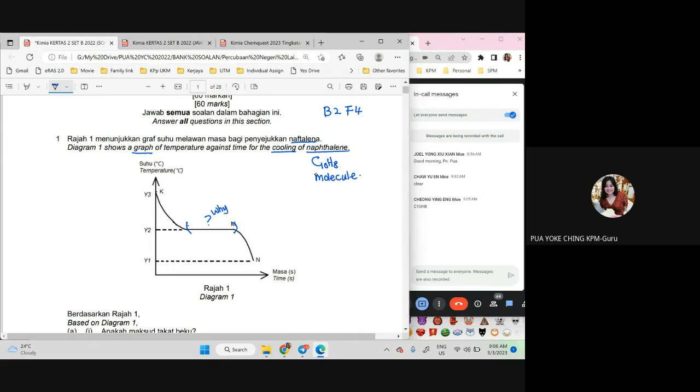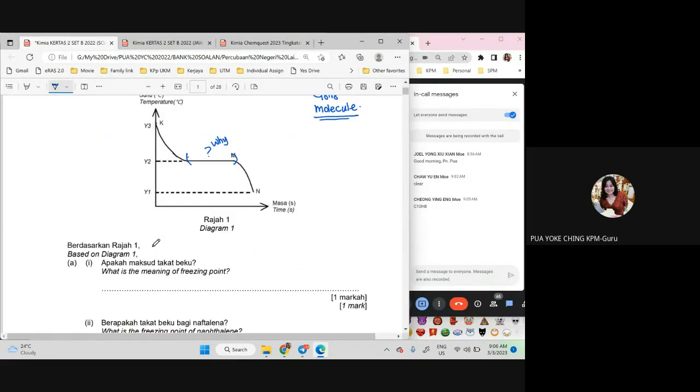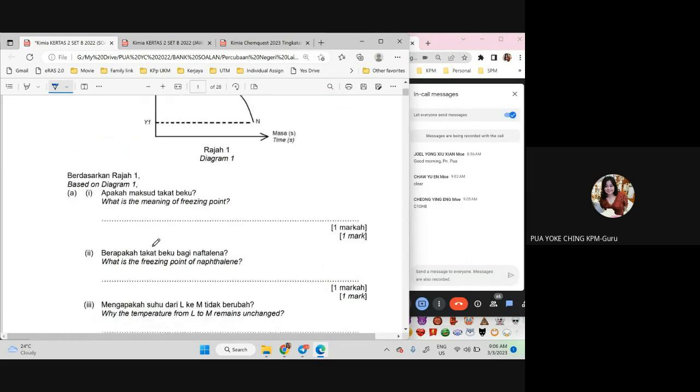I think every one of you has memorized this, but we have to give a very specific answer. You must mention what was given. Here naphthalene is given, so we must remember this is a molecule. It will be useful later.